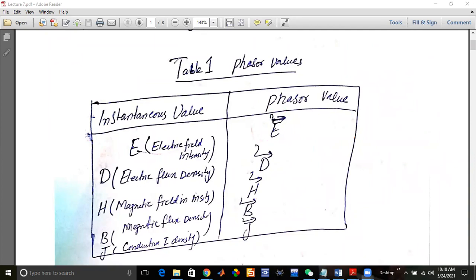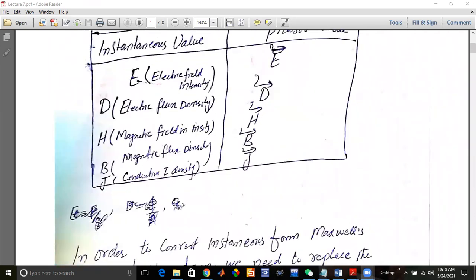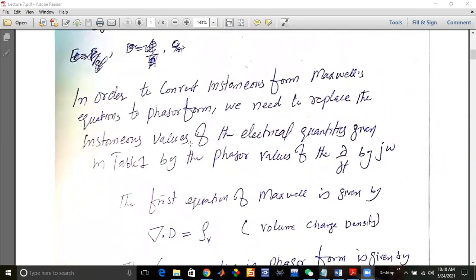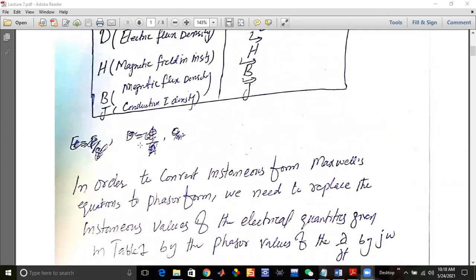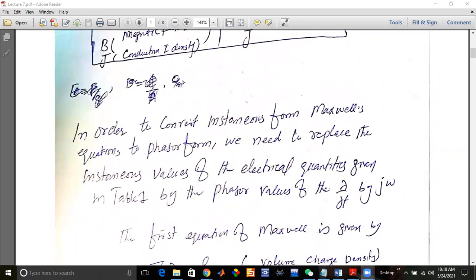So here we studied some instantaneous quantities and their phasor forms. If you want to convert the Maxwell equations from instantaneous form to phasor form, we will follow two steps.